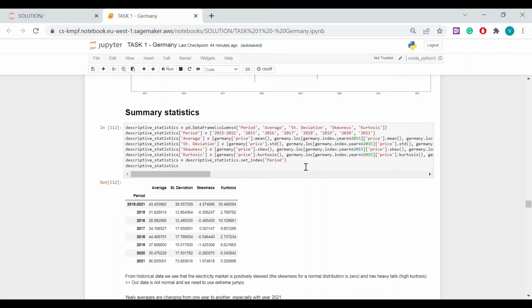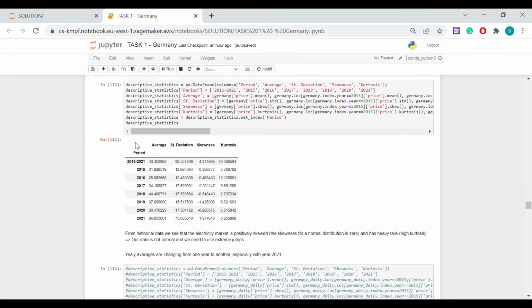The next thing we consider is the summary statistics. So we calculate the average, standard deviation, skewness, and kurtosis for each year and for the whole period. The result is our new data frame. From our historical data, we see that the electricity market is positively skewed.